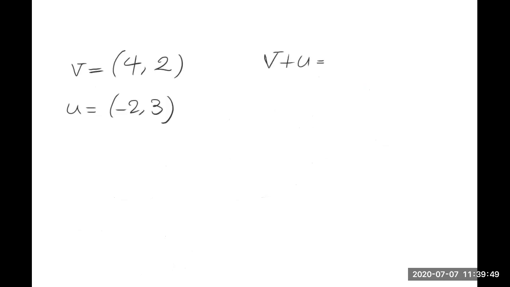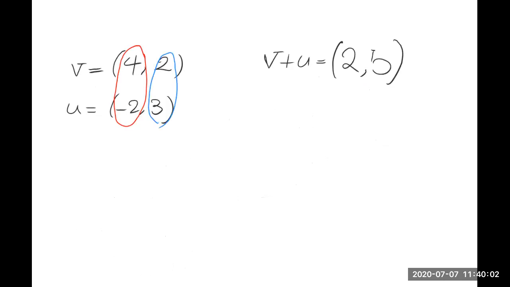So, well, if we have 4 and 2, and that's one vector, and if we have -2 and 3, that's another vector. V plus U is, we should first look at the first components. 4 plus -2 is 2. And then we should look at the second components. 2 plus 3 is 5.